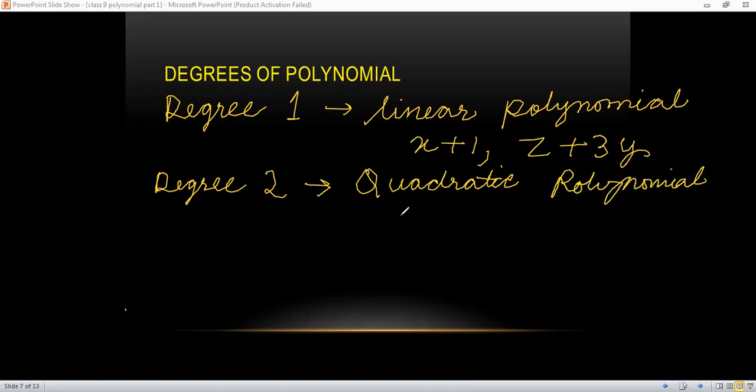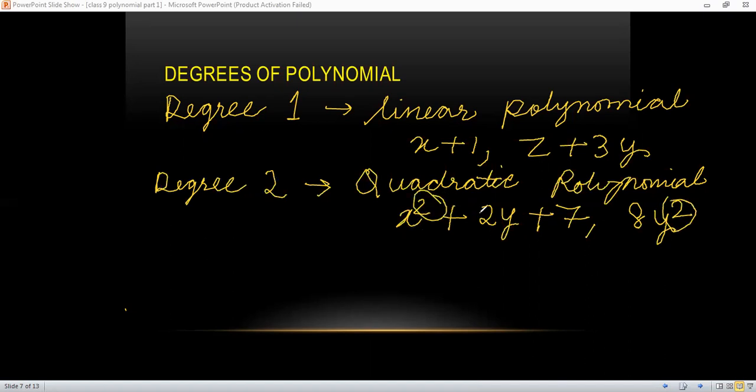For example, x square plus 2y plus 7, or 8y square. Here the power is 2. That means it is having 2 degree and we call it a quadratic polynomial.